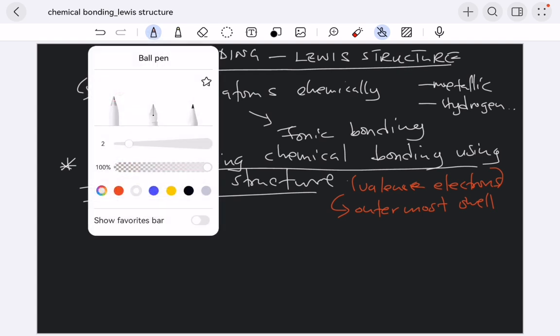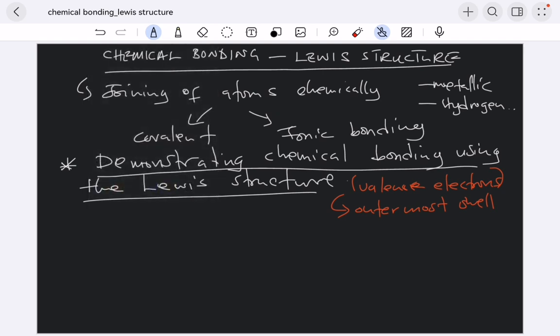So if we go back to the periodic table, and we try to highlight the valence electrons in hydrogen, we're going to have 1. In helium, we're going to have 2 electrons. When we go to lithium, we have 1.